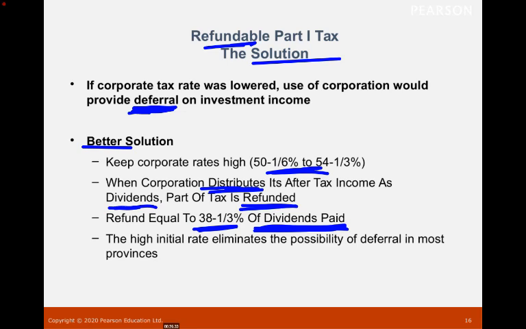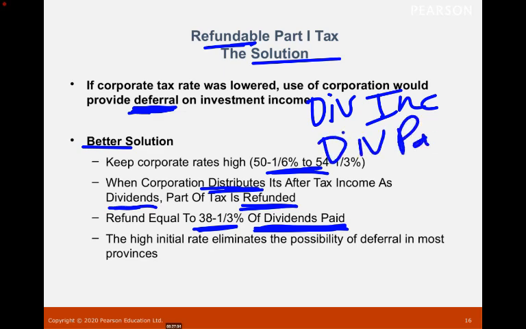So be very careful in questions to recognize when there's dividend income that the company has earned from its shareholdings in other corps. What type of dividend income is it? Is it from another CCPC, or is it, say, foreign, or something like that? Is it from another Canadian taxed entity, I should say, or is it from, say, something foreign? And then also we would have our dividends paid.